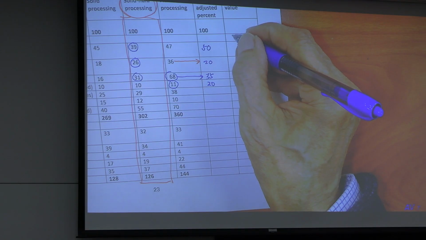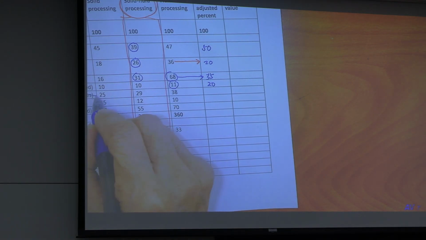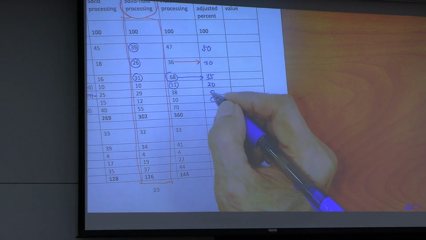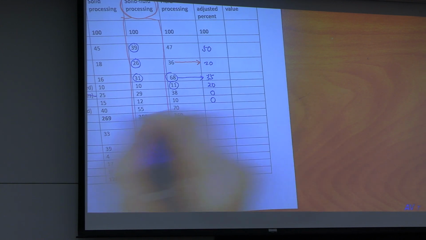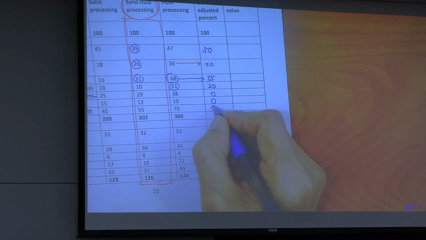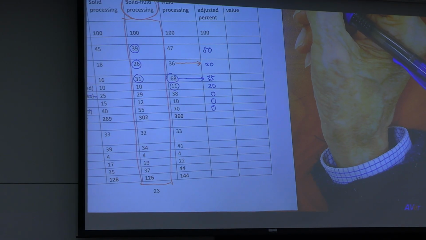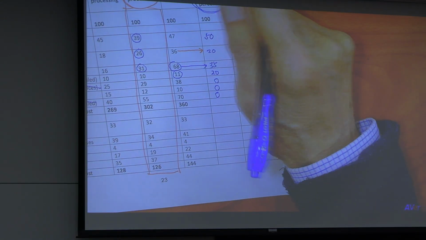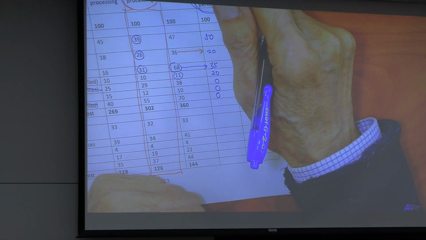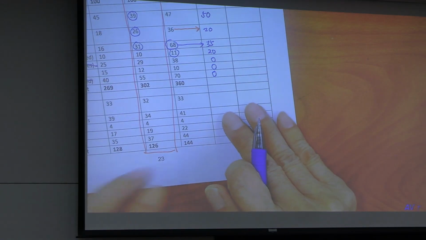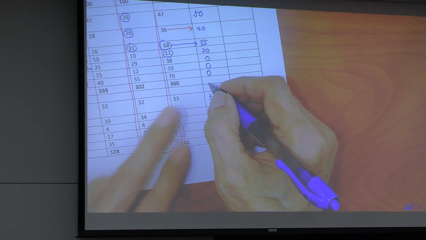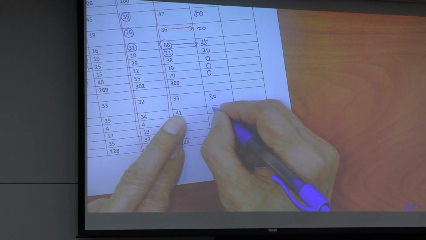Now, building, you don't need, 0. Yard improvement, you don't need, 0. Service facility, you don't need, 0. There's a user adjusted percentage. Okay? And then engineering supervision, 33% on your 30. Construction, 41 on your 15.